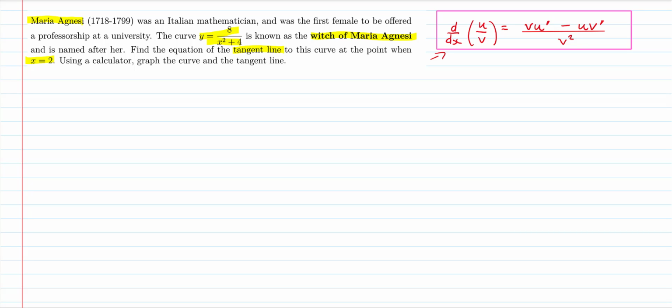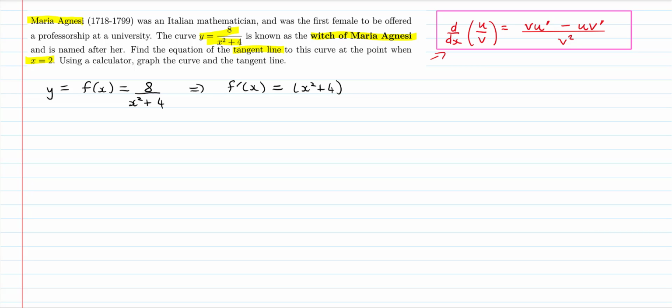Okay, so if we've got y is equal to f of x, which is equal to 8 over x squared plus 4, that means the derivative f dash of x is going to be, using our quotient rule formula, v, which is our denominator, x squared plus 4, times the derivative of u, which is the numerator.